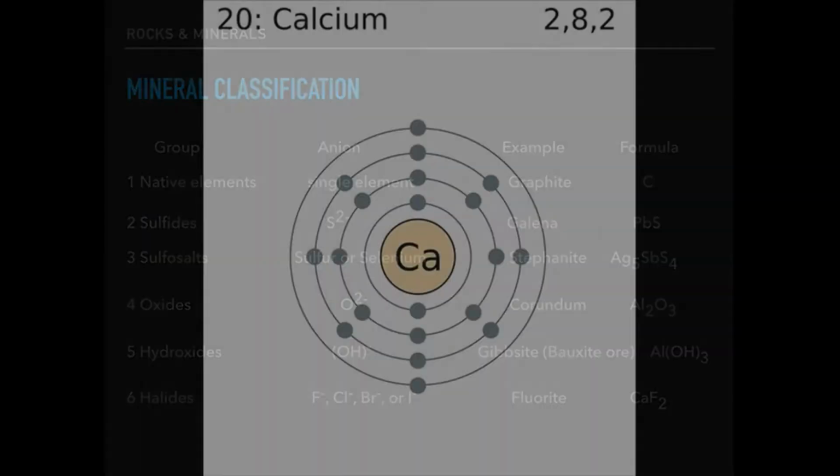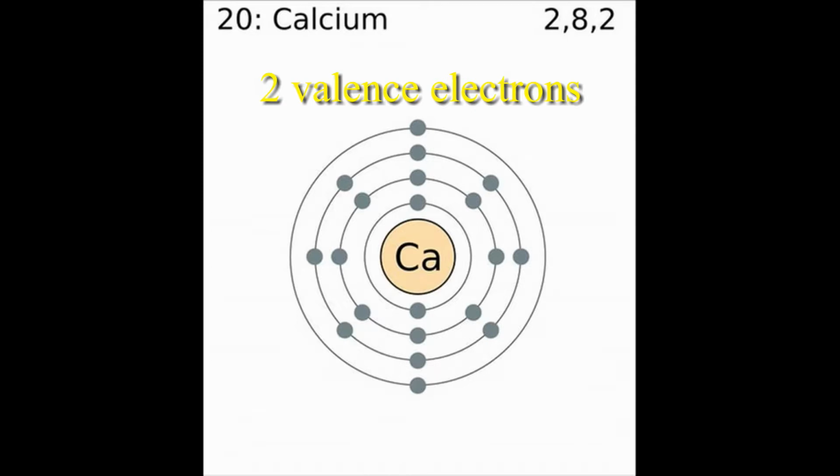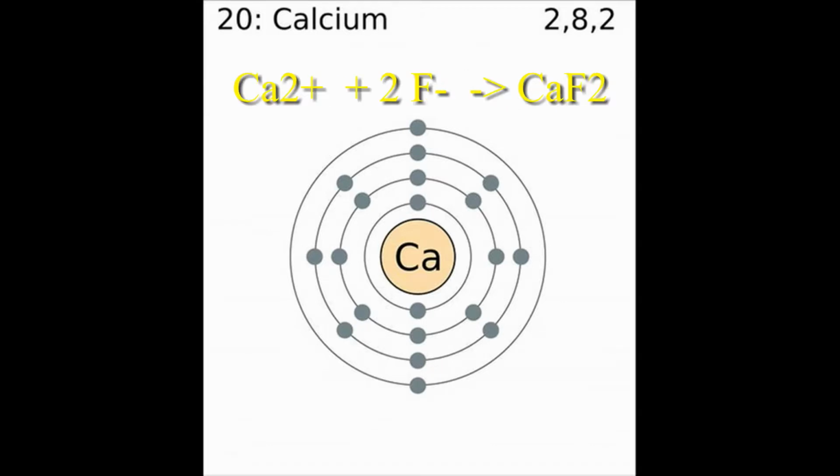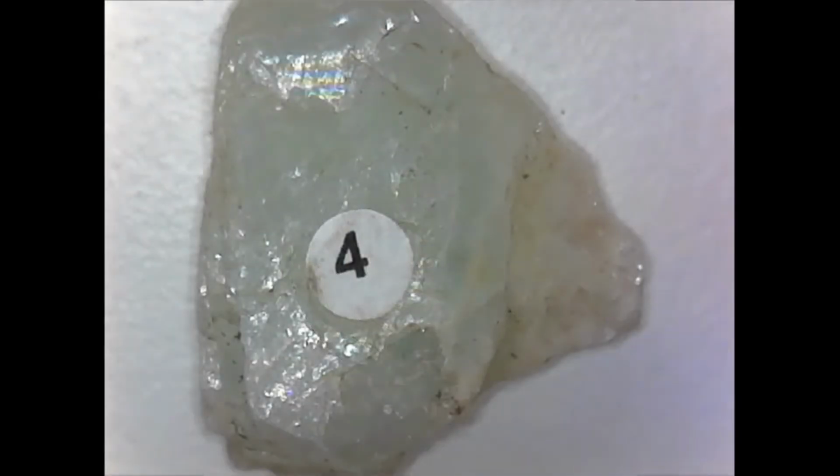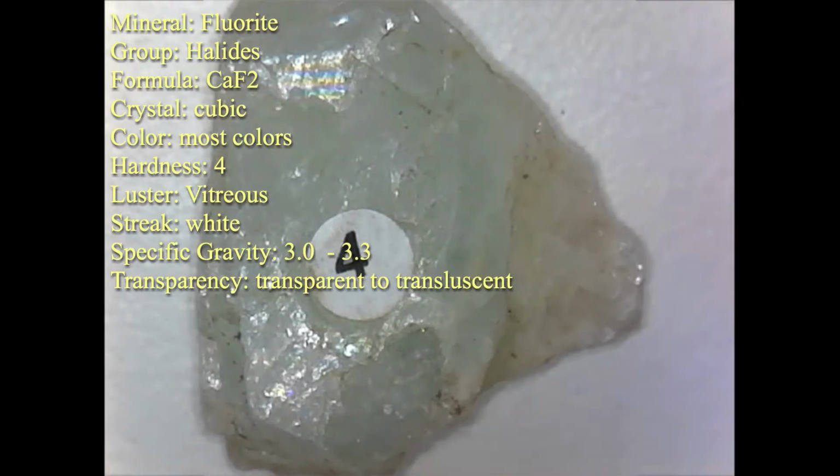Here's calcium. So these are going to be, the fluorine is going to be -1, and the calcium, you notice it has 2 electrons there. So that's going to be a +2. So that's why you'll see it combined with 2 fluorines. So it'll be CaF2 is the formula for that. So here's our fluoride.